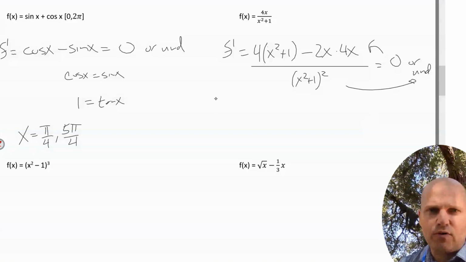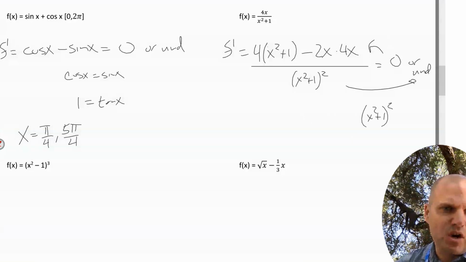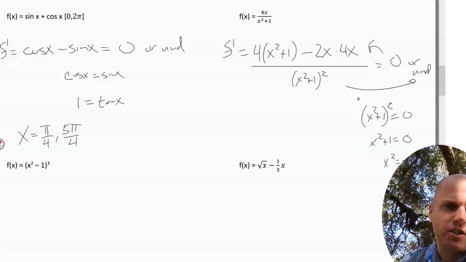We need to solve both of these equations. The top set equal to 0 and the bottom set equal to 0. Now, there's one thing that's good. The bottom set equal to 0 is not solvable. You have imaginary numbers. You get x squared plus 1 equals 0. You get x squared equals -1. We don't have to worry about imaginary solutions.